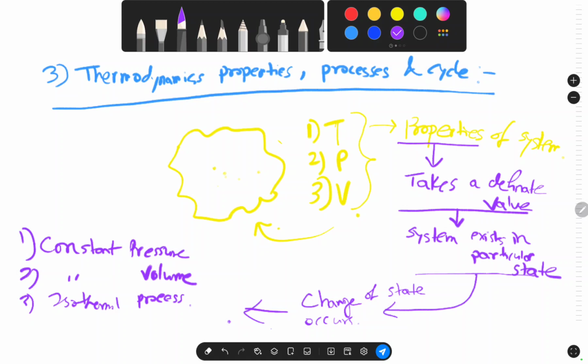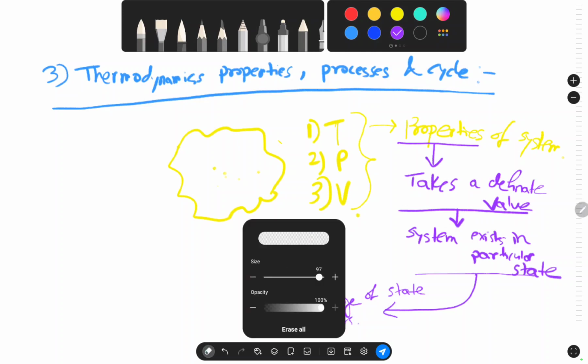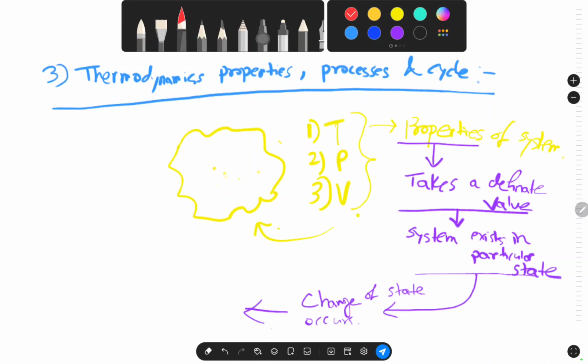So when the state of a system becomes equal after the succession of changes of state during a process, that is the case where we say the system undergoes a cycle.